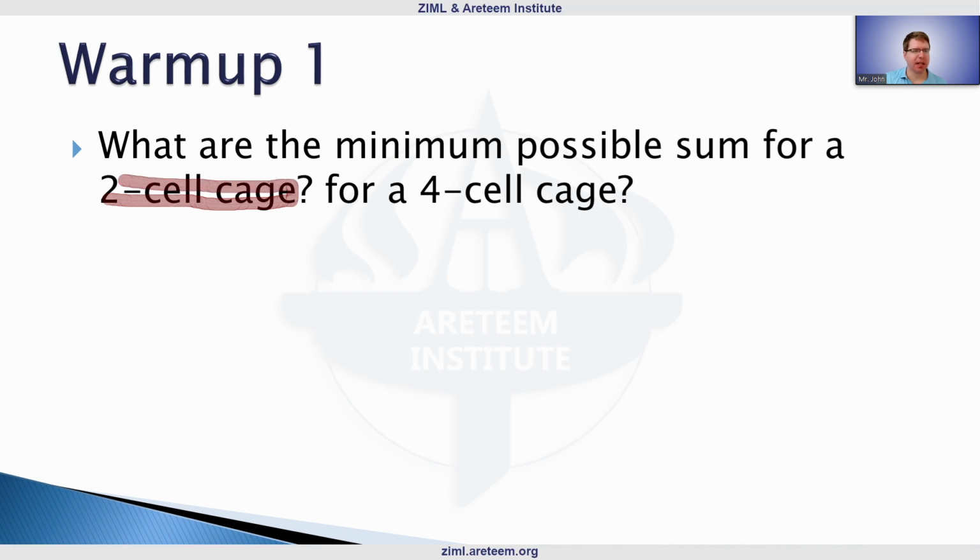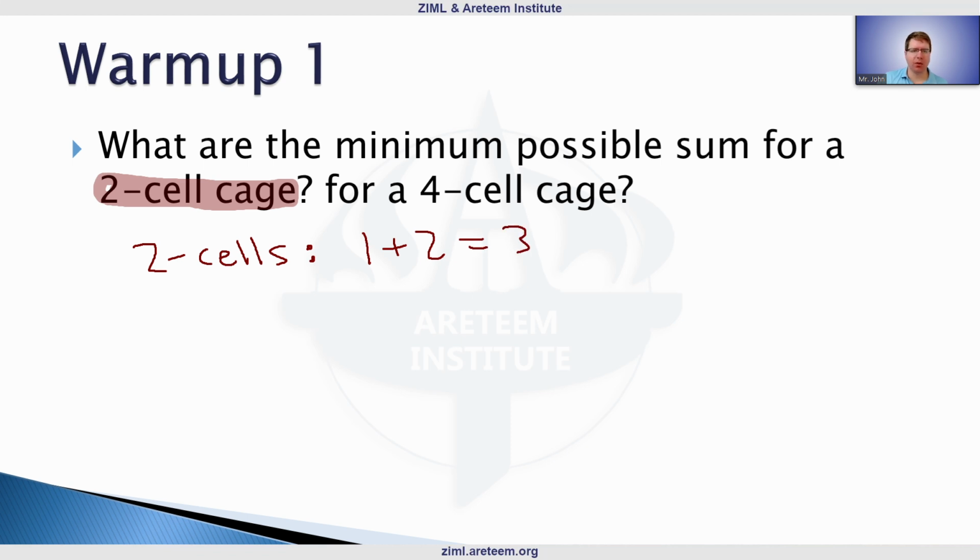So if we look at the minimum sum for something like that there, for 2 cells, we could have something like 1 plus 2 is 3.